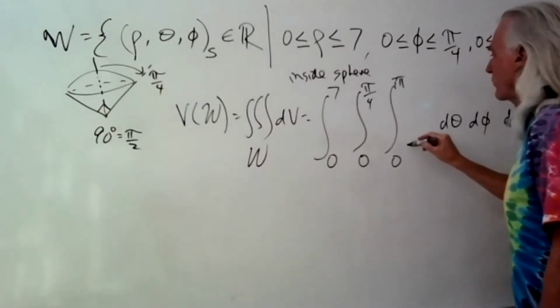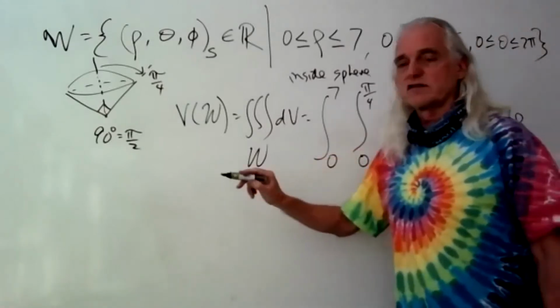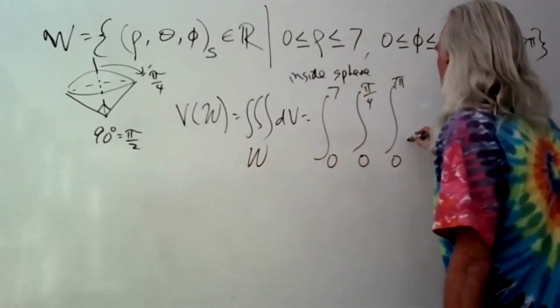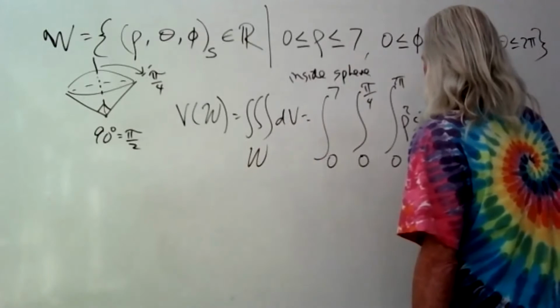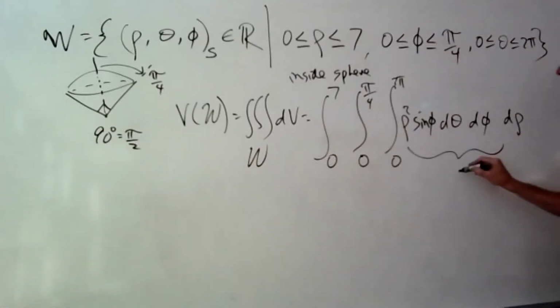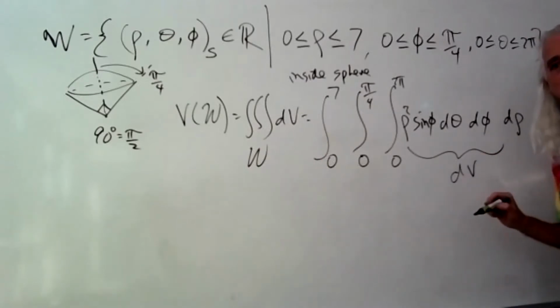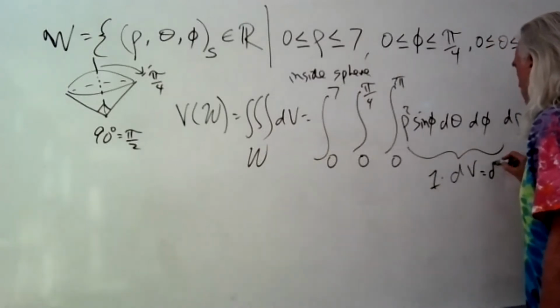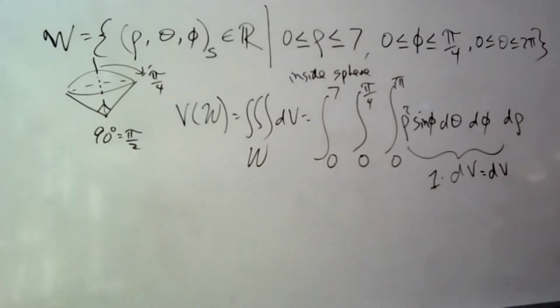But I have to put something in here. There's a 1 for the integrand, but I need the rho squared sine phi, because this whole thing is the volume element, dV. So this whole thing is really 1 times dV, or just dV, it doesn't matter, right?